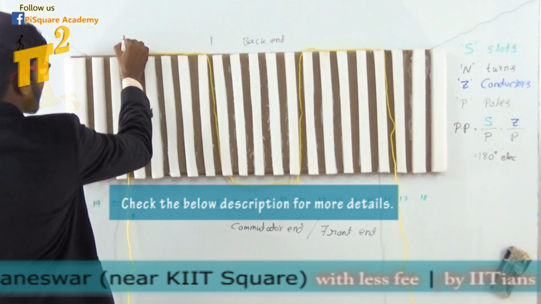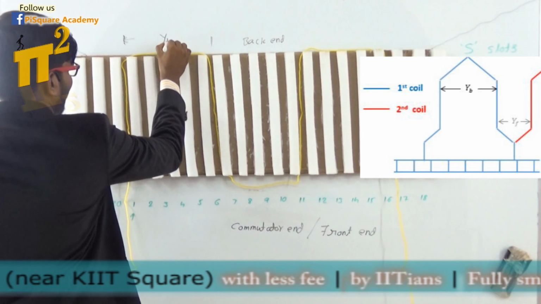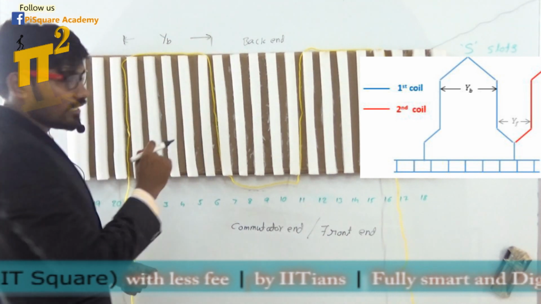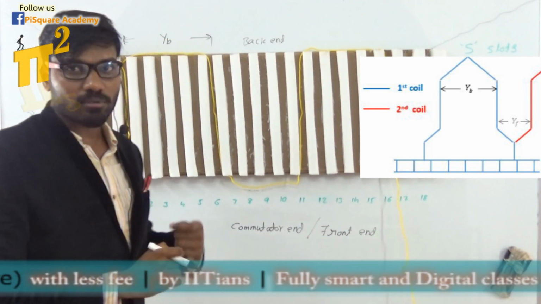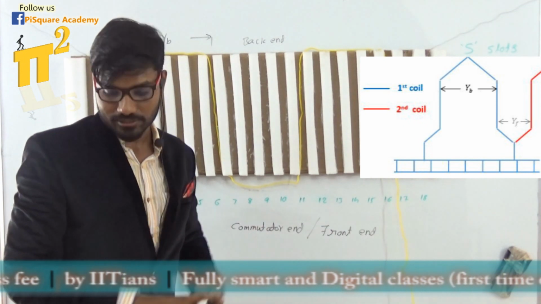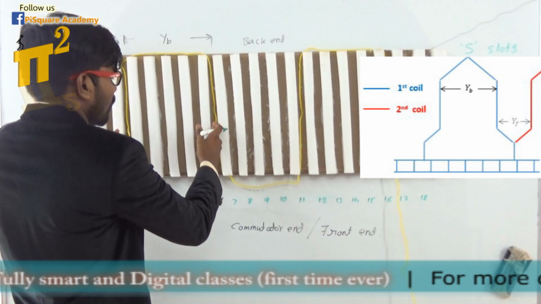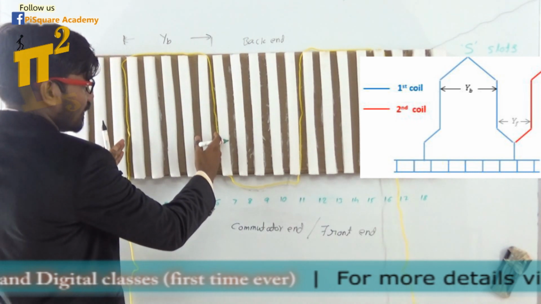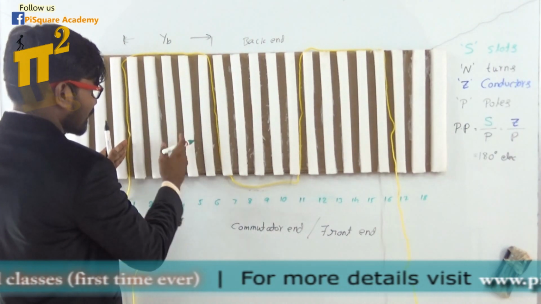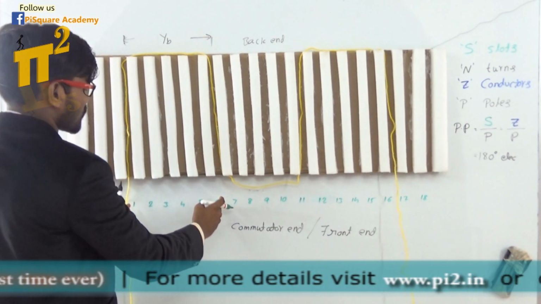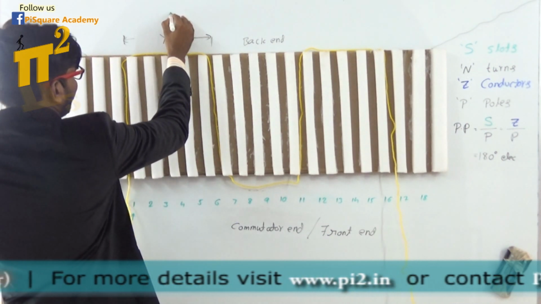That is what we will call back pitch, YB. Again, the measurement can be in terms of number of slots or maybe number of conductors. So how many slots in between these two? Again, in between means don't count these. Just say 6 minus 1. How much? Yeah, 5.